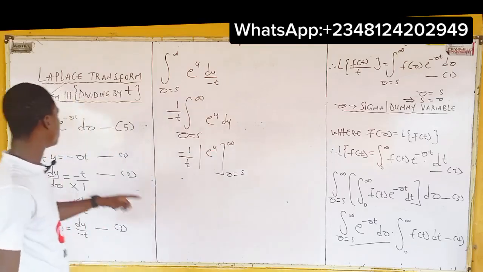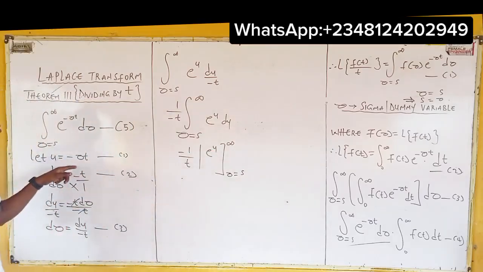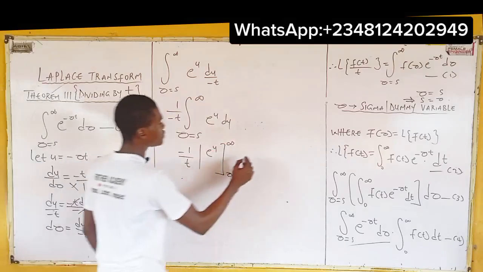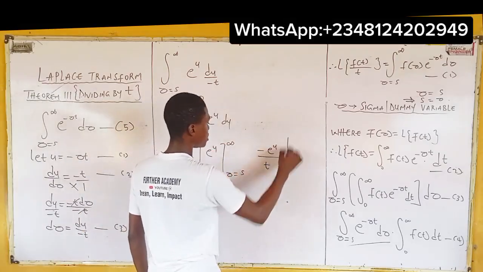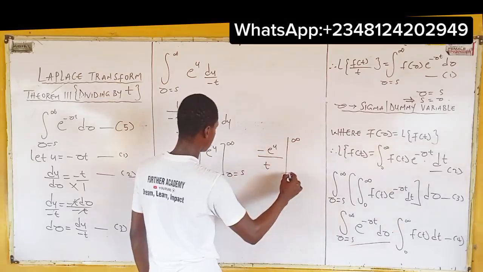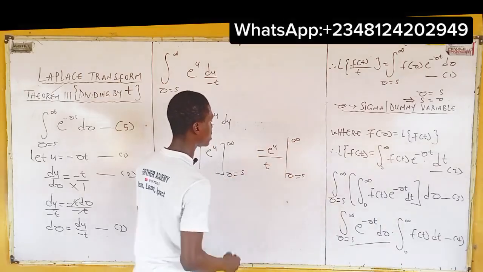What's the value of u? From equation 1, we have u equals negative sigma t. This gives you negative exponential u all divided by t, from infinity to sigma equals x.